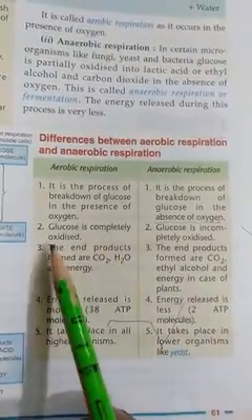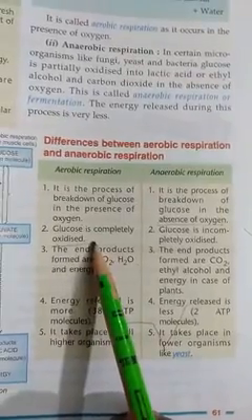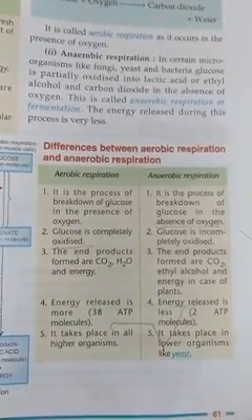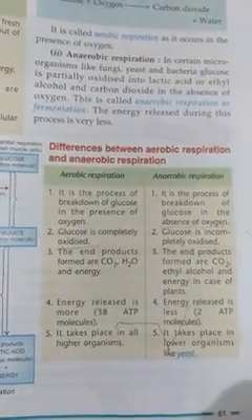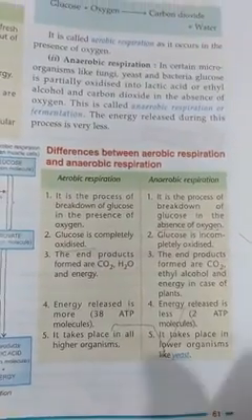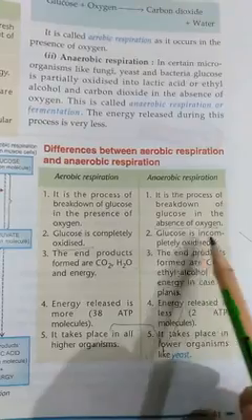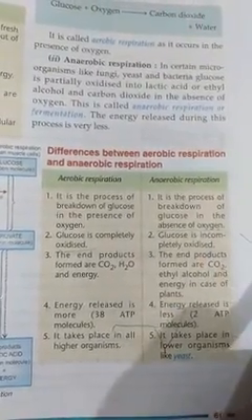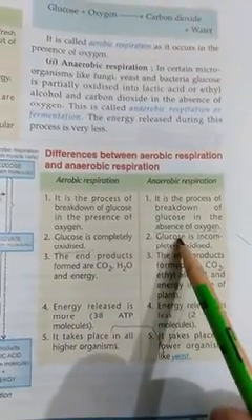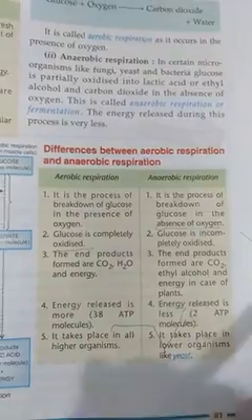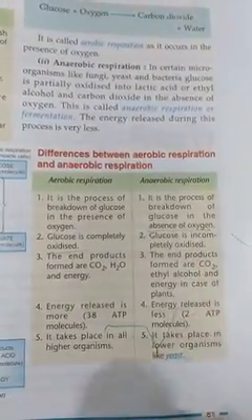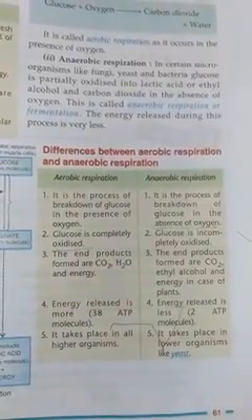Second point: in aerobic respiration glucose is completely oxidized and gets converted into carbon dioxide, water and energy. Here in anaerobic respiration glucose is incompletely oxidized. Glucose is converted into lactic acid or into ethyl alcohol. That is why it is written that glucose is incompletely oxidized.